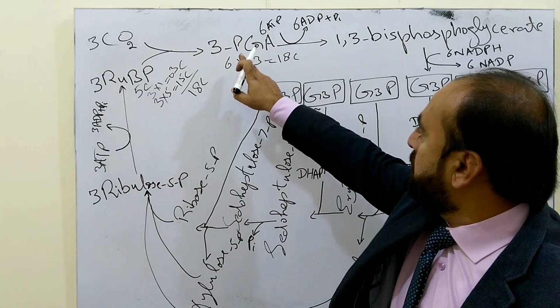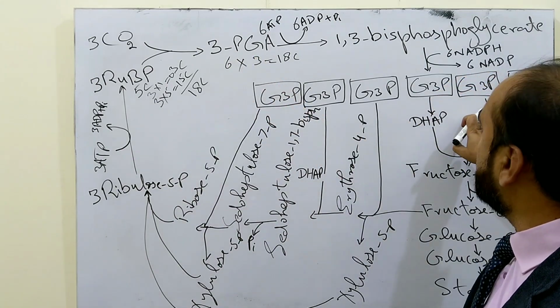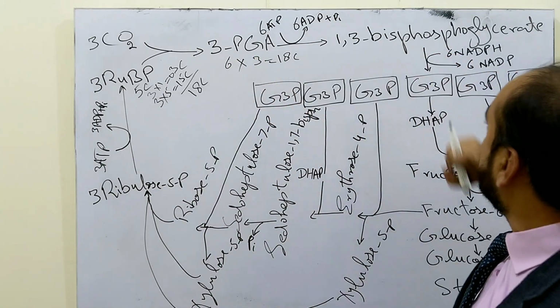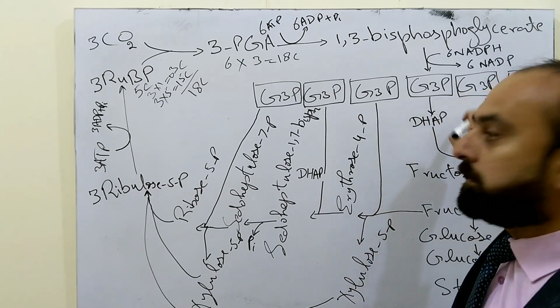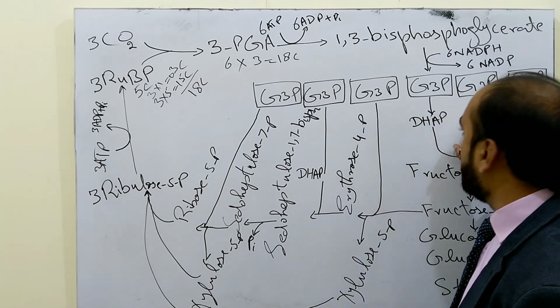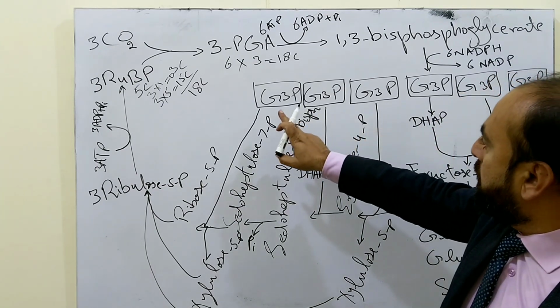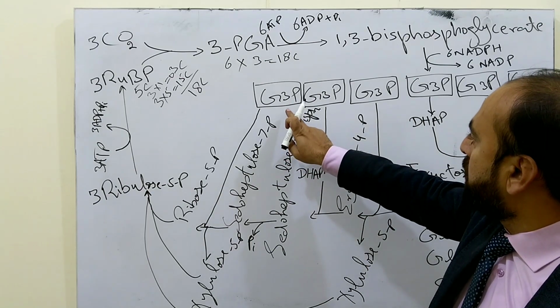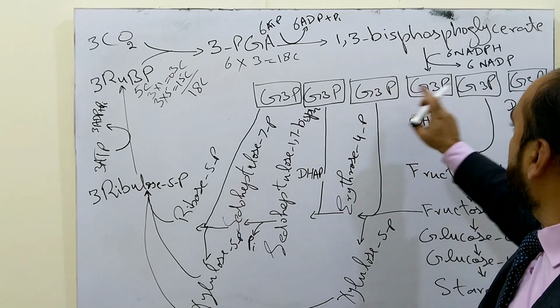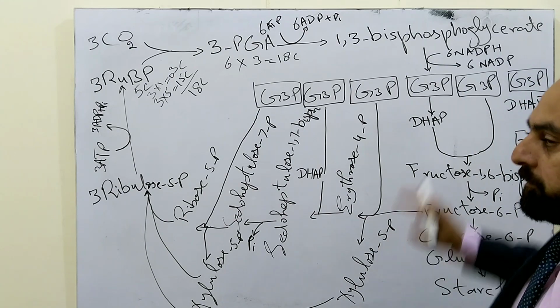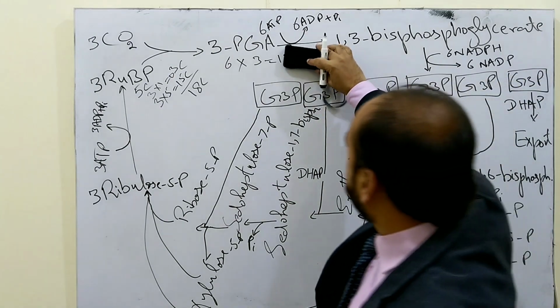And when we convert this 3-PGA to glyceraldehyde 3-phosphate via 1,3-bisphosphoglycerate, this G3P is also a 3 carbon molecule. We make 6 molecules of G3P, 1, 2, 3, 4, 5 and 6. So the carbon number remains the same.